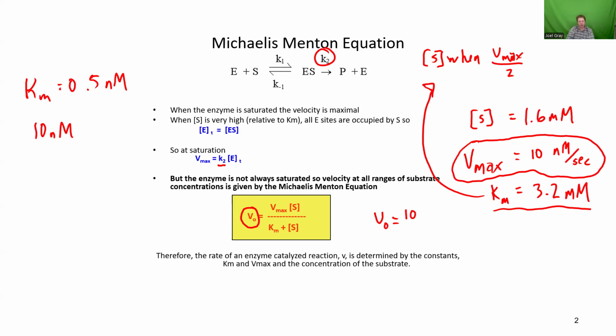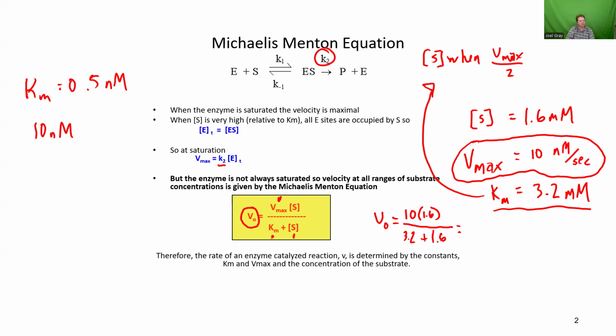We've got 10 up top because that's our Vmax. Then we've got substrate concentration. Well, under the provided conditions, our substrate concentration is 1.6. Then what we've got is our Km, 3.2, and we're adding to that our substrate concentration, which is, again, 1.6.